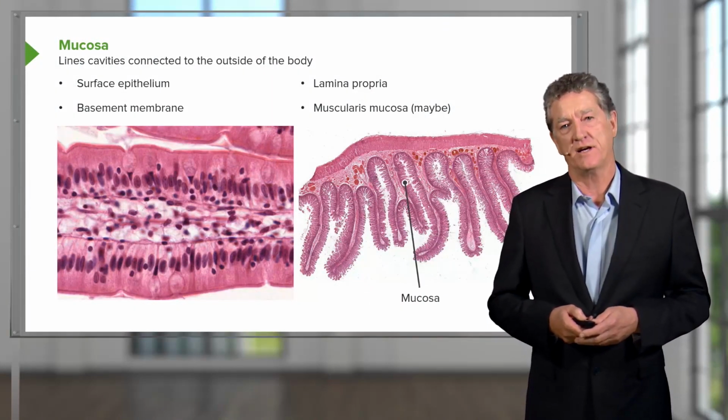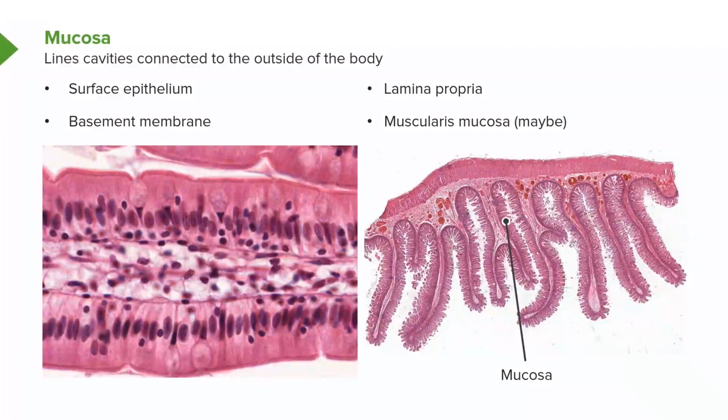On the right-hand side, this is a very low magnification of a section through part of the small intestine. And those long extended processes are actually gross anatomical components of the small intestine. And where the label of mucosa is, shows you these villi under very, very low magnification.